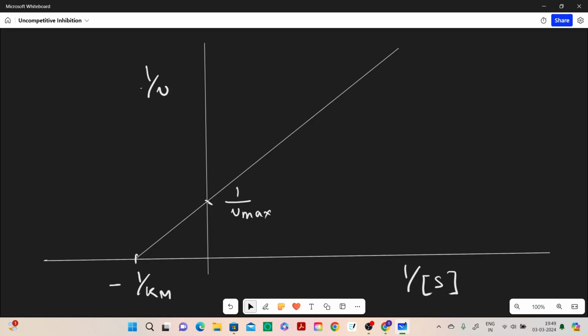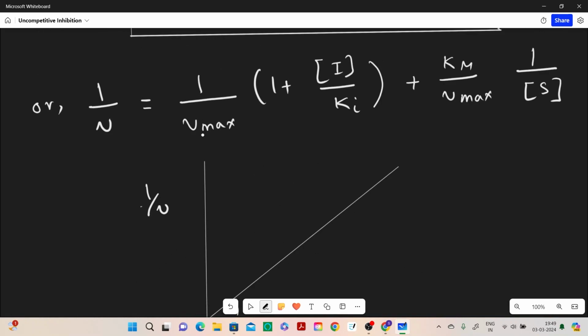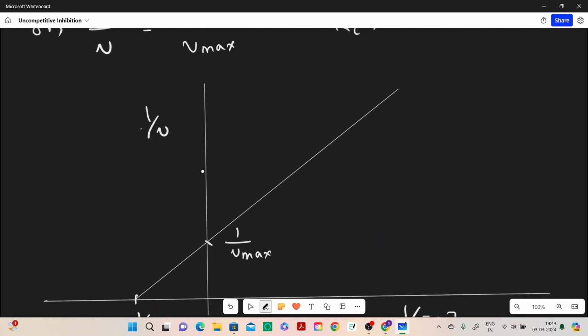So what happens over here is 1 by Vmax increases, so the plot will shift up. The y-intercept becomes 1 by Vmax multiplied by 1 plus I by Ki.